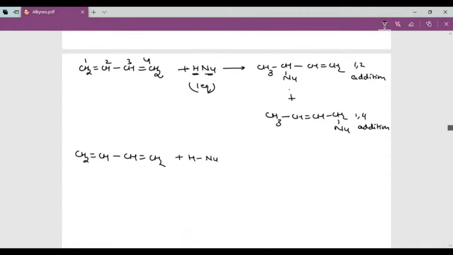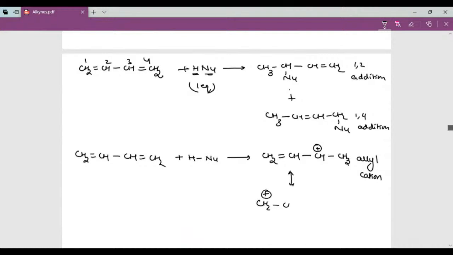First, when H plus attacks, I will have a stable possibility of carbocation as here. As it is an allyl cation, it is a resonating cation. This allyl cation has resonance, na?